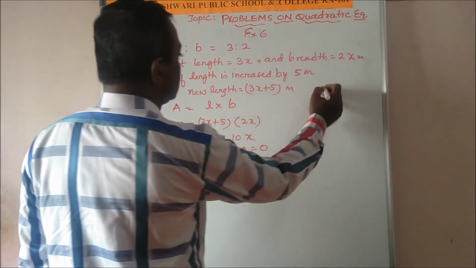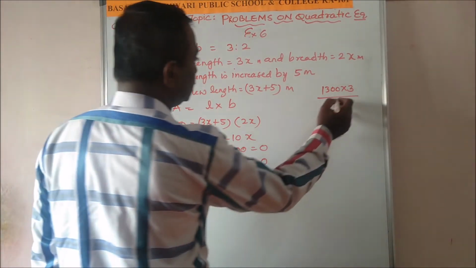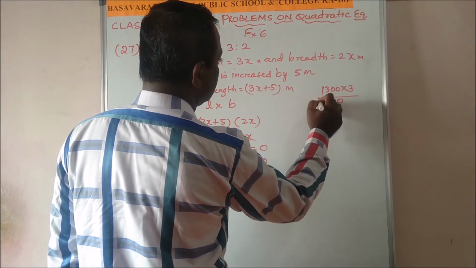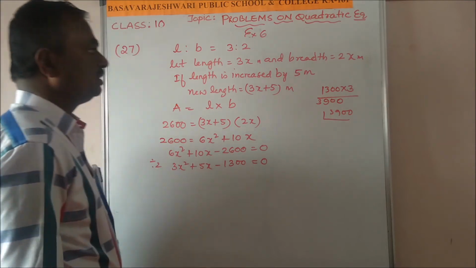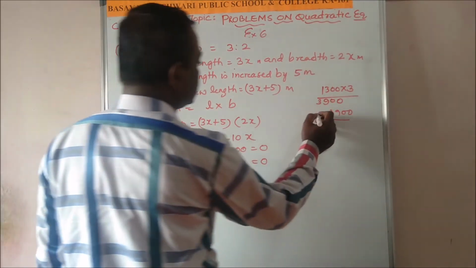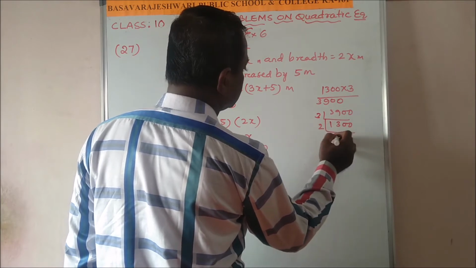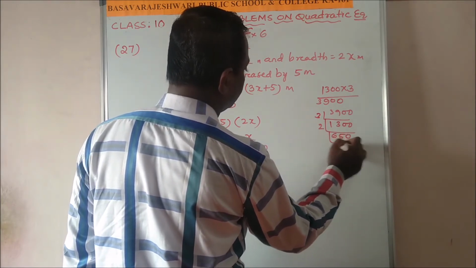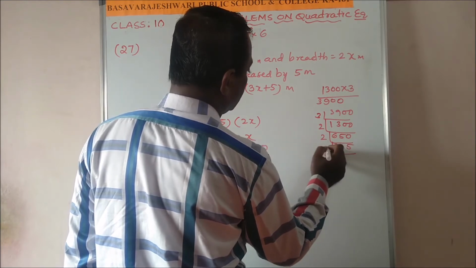Now 1300 into 3 is 3900. So we need to factorize 3900.